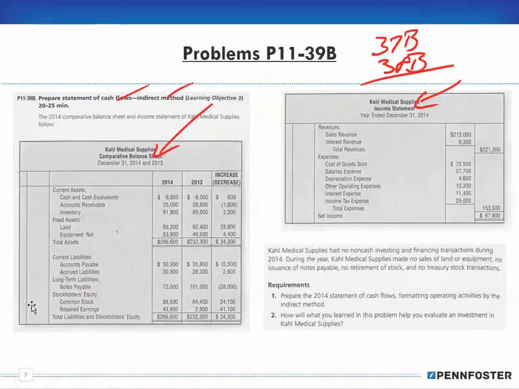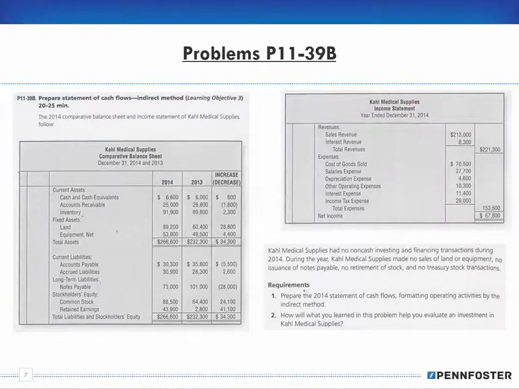So for this problem, you're actually being given the financial statements themselves, which means that as you create your statement of cash flows, you're going to have to format them the correct way and look at the various individual activities and then calculate the amounts from the balance sheet and the income statement, whereas in the previous two problems you were, for the most part, just being given that information.